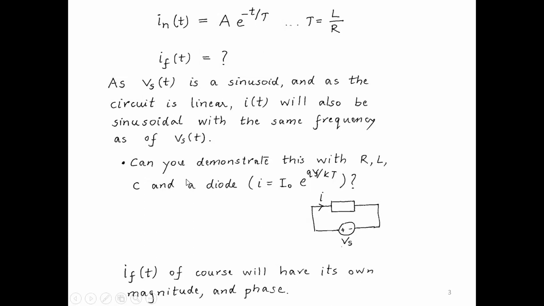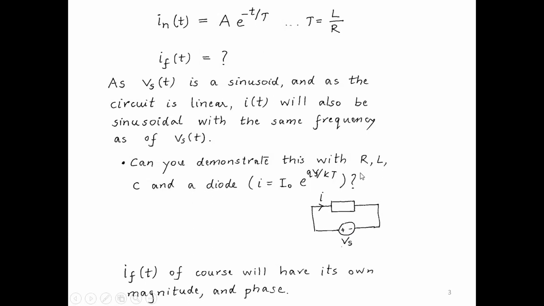I'm asking you as homework: can you demonstrate this statement for the resistor, the inductor, the capacitor and a diode? If the element is linear, and I apply a sinusoidal voltage source to any of these elements, R, L, C and diode, then show that the current will be a sinusoid.